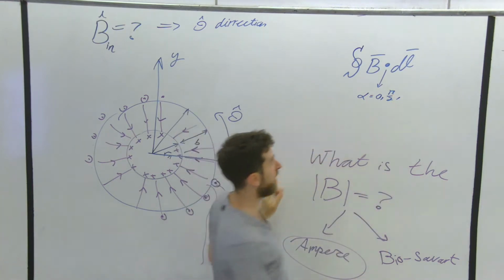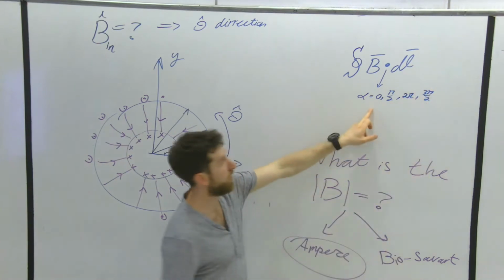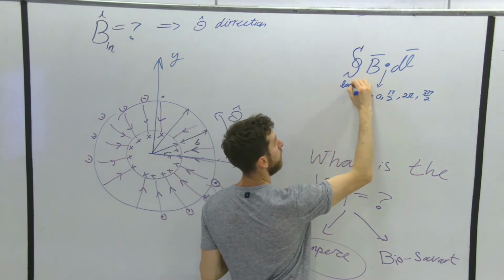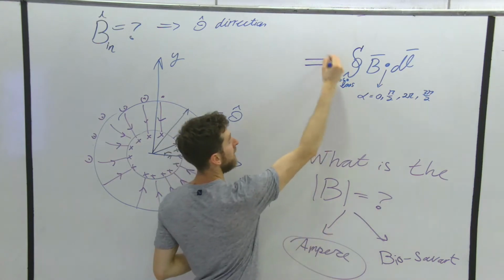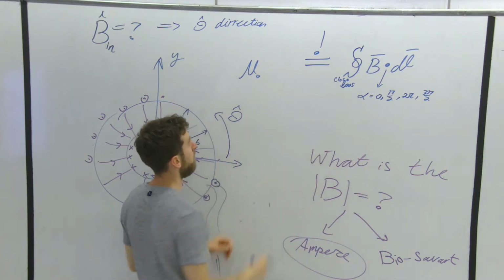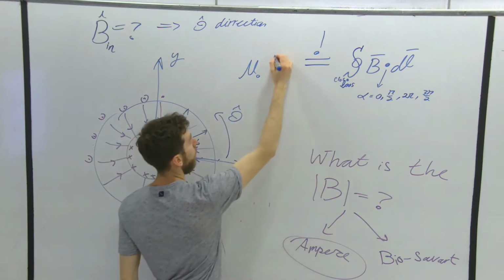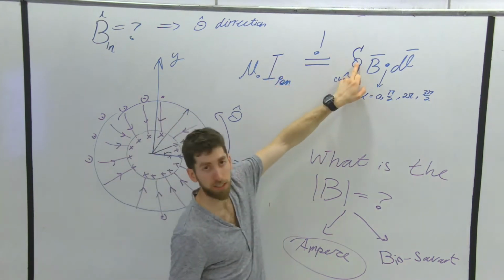Or maybe 2 pi or 3 pi over 2, but something really easy for me to solve. This is the loop that we're gonna choose. Closed loop, okay? And this must be equal to what? To the permeability, some constant related to magnetism, and also all the currents that penetrate this area.